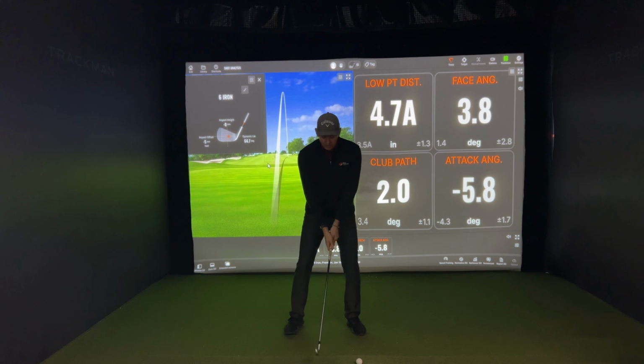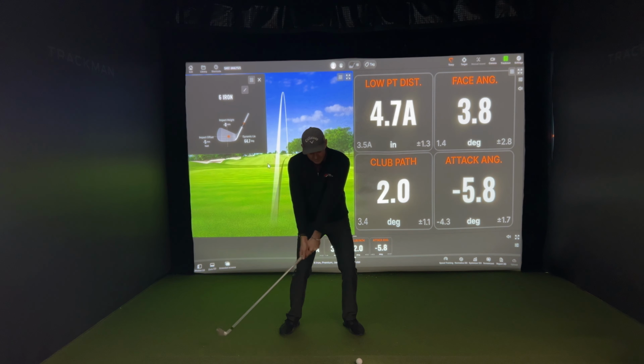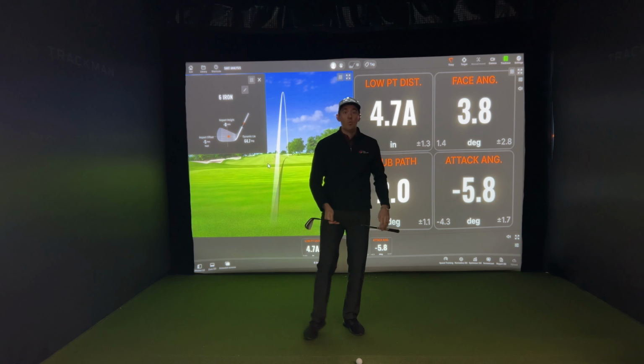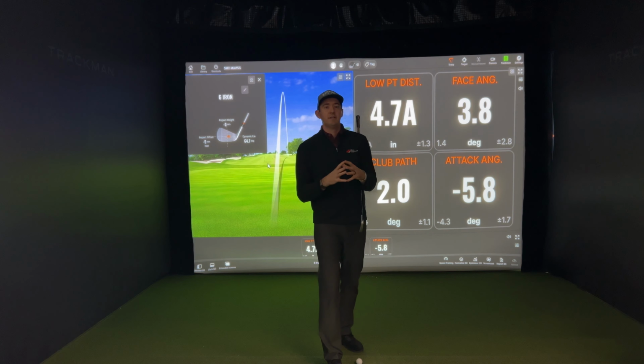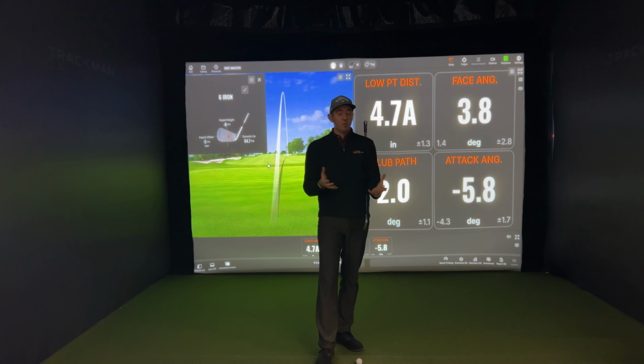A positive angle of attack is that the club head is actually traveling up when we hit the golf ball. Easiest way to think about it is all of our irons, all of our wedges, we want a negative angle of attack. We want to be hitting down on the golf ball.